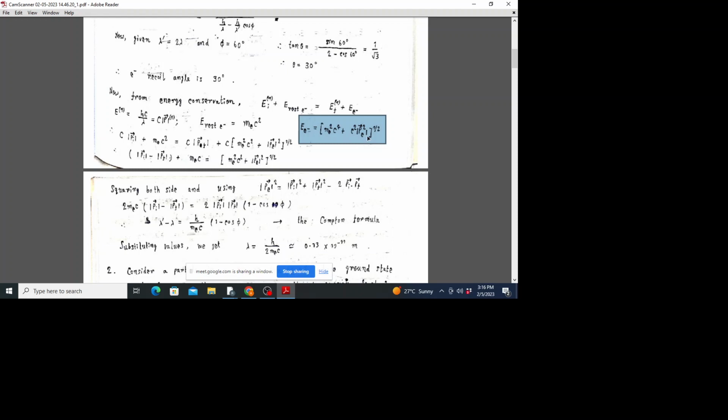This is the relativistic relation, and I think you are all familiar with this one. This is the relativistic energy of massive particles. Now simply put these values in the energy conservation equation and you will get this.